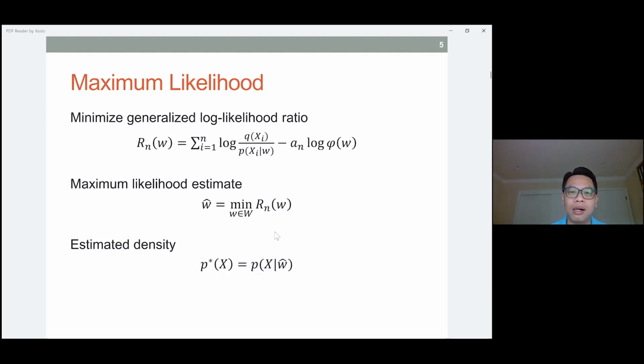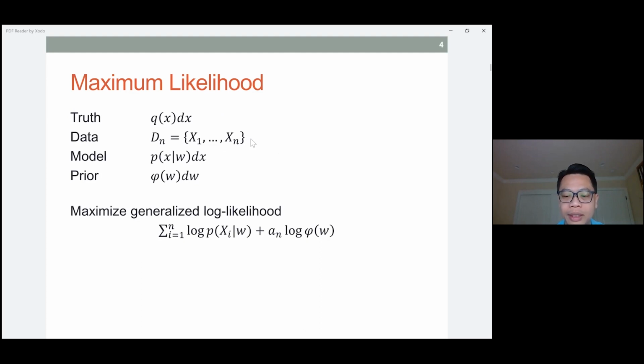A better way to frame the likelihood problem is to think of it as a log likelihood ratio. We should take the ratio between the true distribution Q and the model P. You can see that we are just adding a constant term, log of Q, to the likelihood that we have over here, maybe with a change in sign.